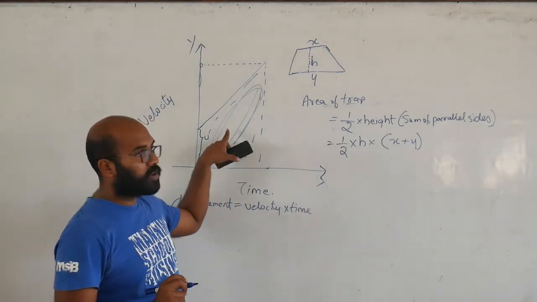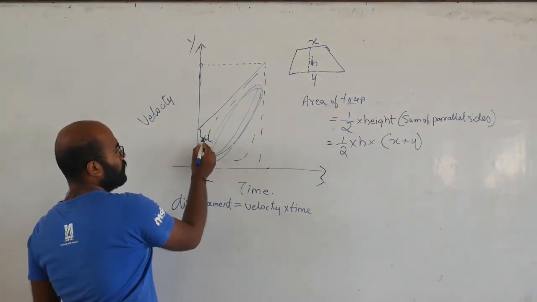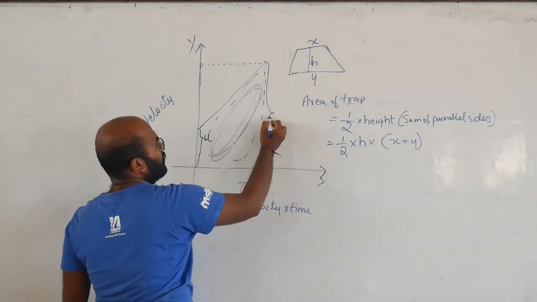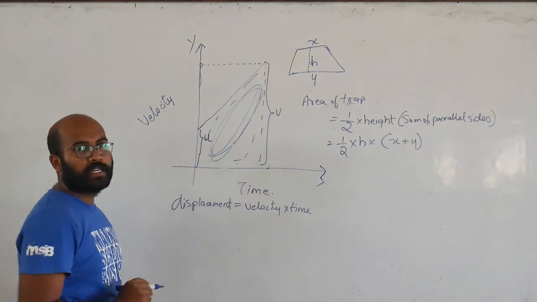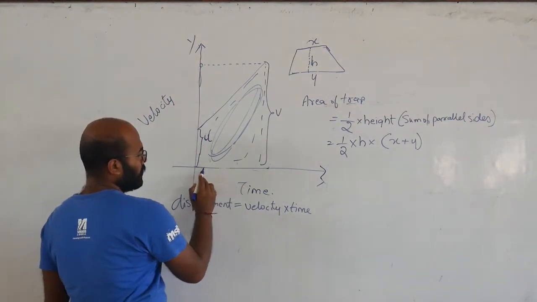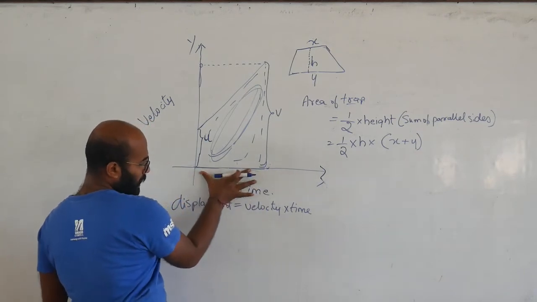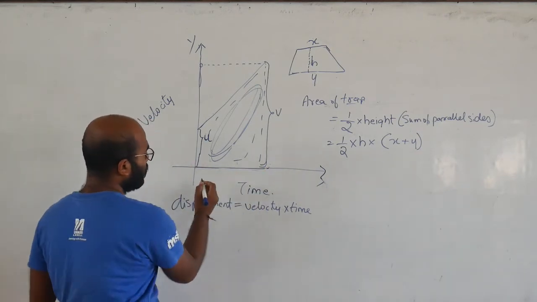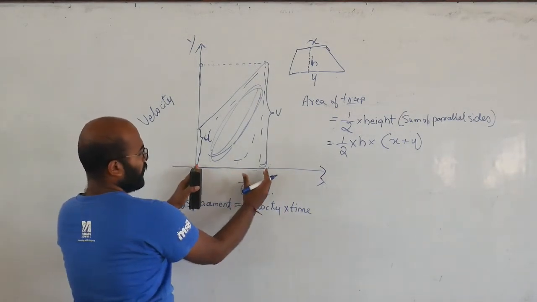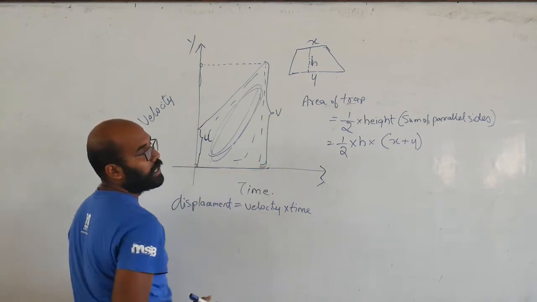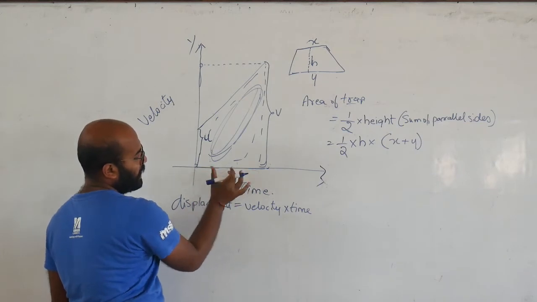If I apply the same formula here, the parallel sides are u and this complete one is v. The height is the time axis, because the x axis and y axis are perpendicular, so we can consider this length as height.